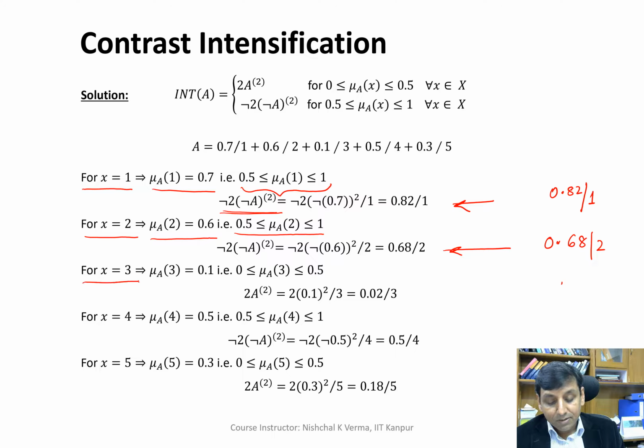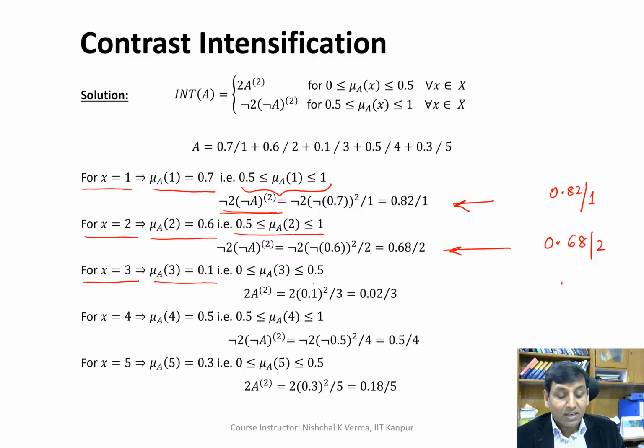Similarly, the same can be computed for the next one. Please remember that this membership value for the generic variable value 3 is 0.1, so it is clearly understood that since it is below 0.5, the contrast intensification expression will change.